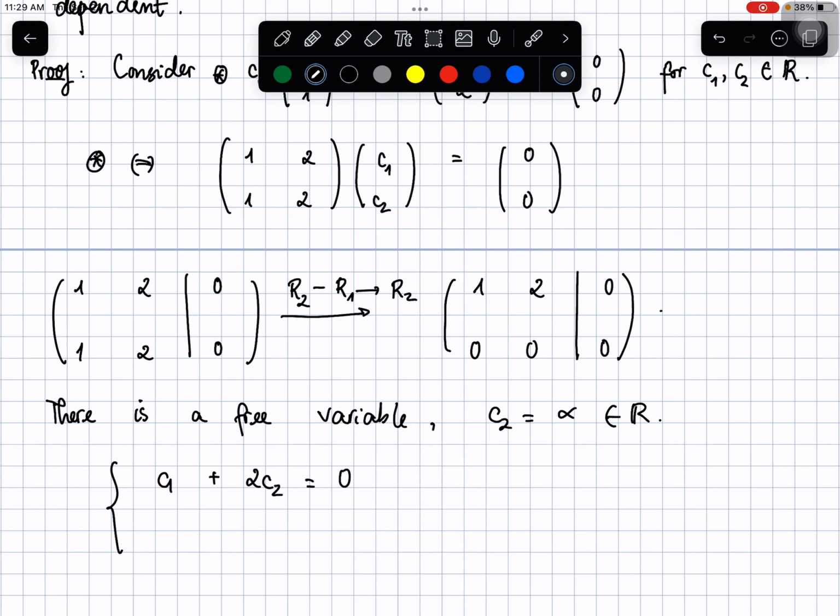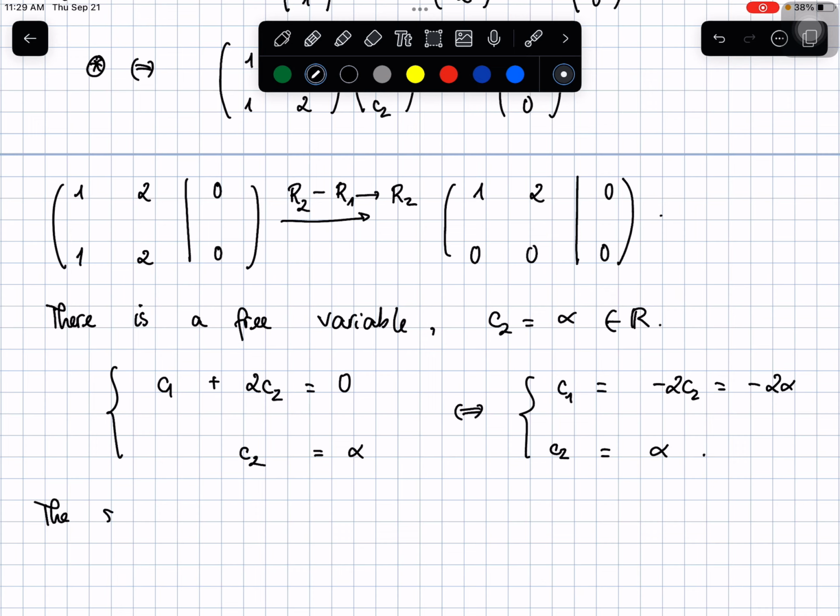So we can say that the system star has a non-trivial solution, at least one.